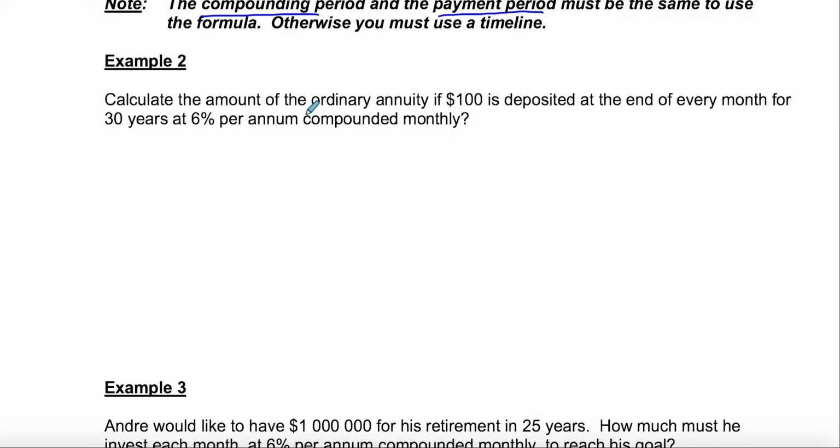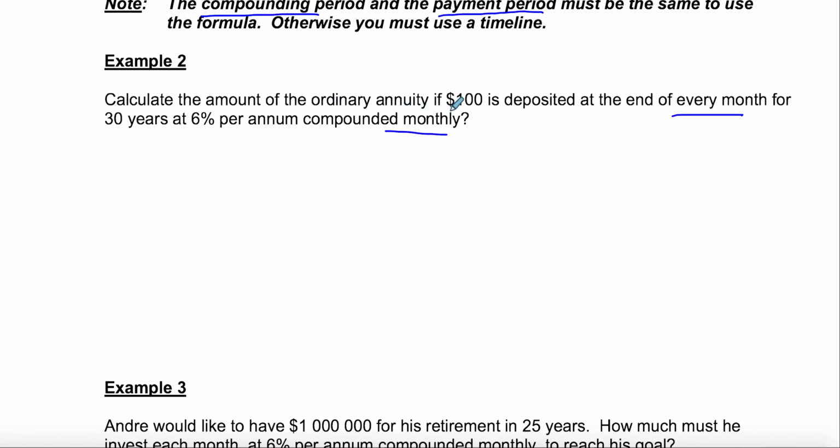So you notice that it's being deposited at the end of every month and it's compounded monthly. Otherwise we would have to use a timeline and it would get a lot more complicated. So those two things are going to match for our examples.